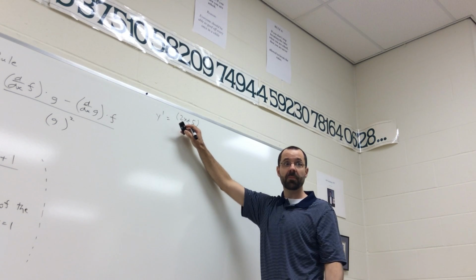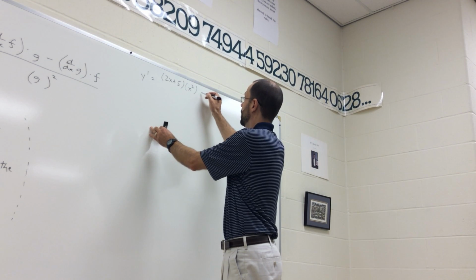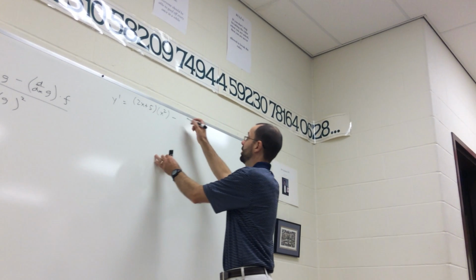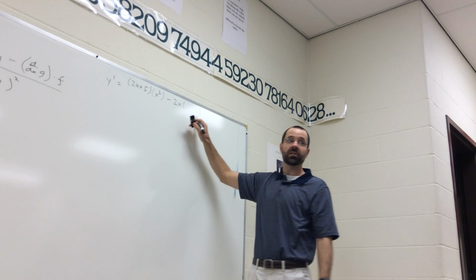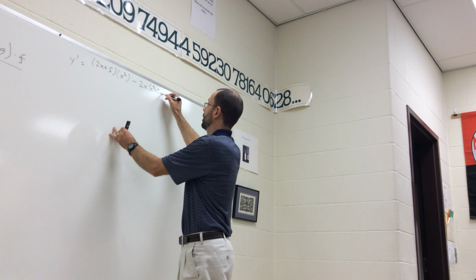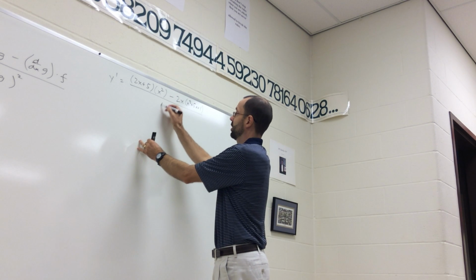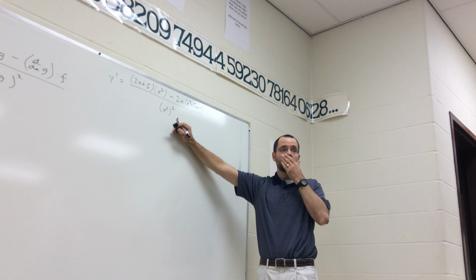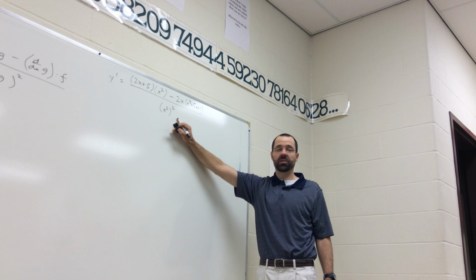Okay, so it's the derivative of the top times the regular bottom minus derivative of the bottom times regular top all over bottom squared. Everybody following okay?